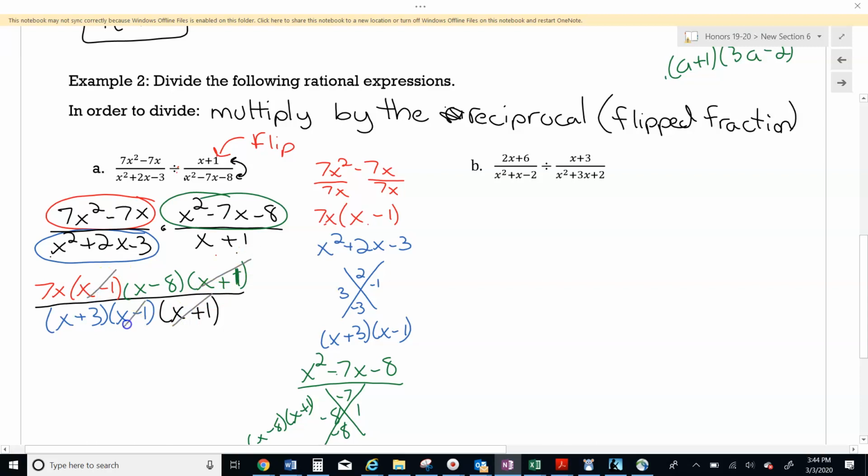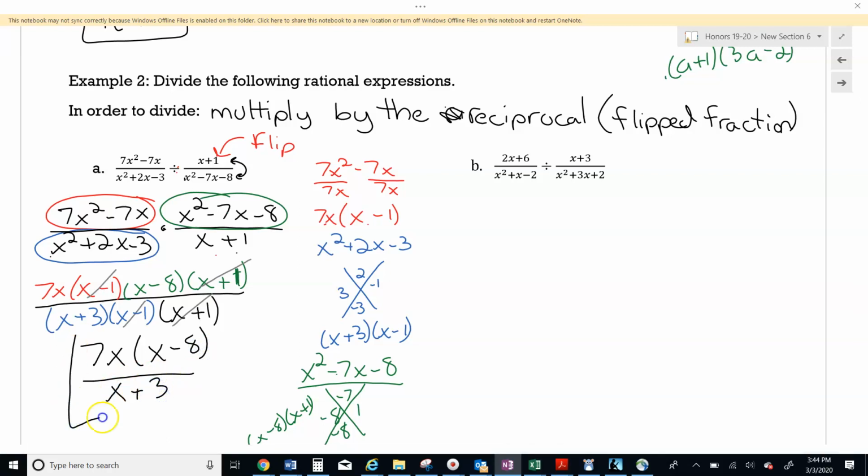And my x minus 1s go away. I am left with 7x times x minus 8 over x plus 3. And we'll just leave it like that. Okay, so you do not have to distribute back in or anything.